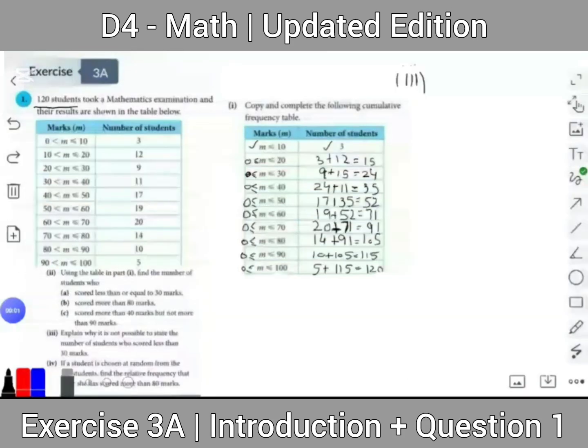Now in part 3, explain why it is not possible to state the number of students who scored less than 30 marks.